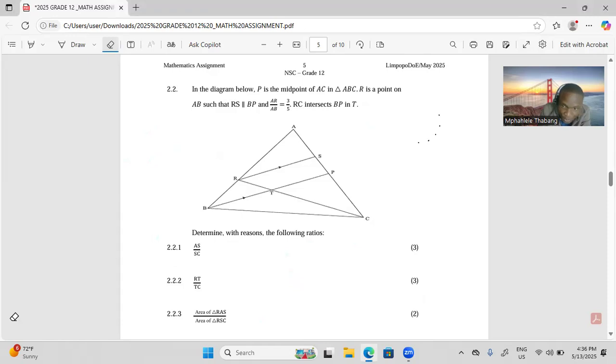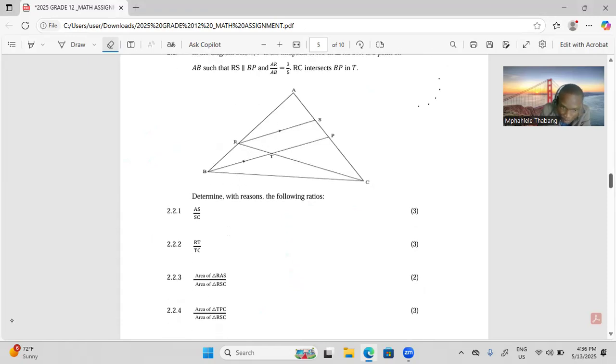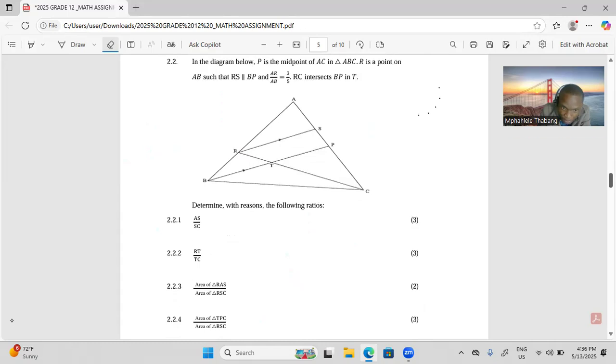And then let me put the question paper a bit like this. So now they want us to find the area of triangle RAS over the area of triangle RSC.